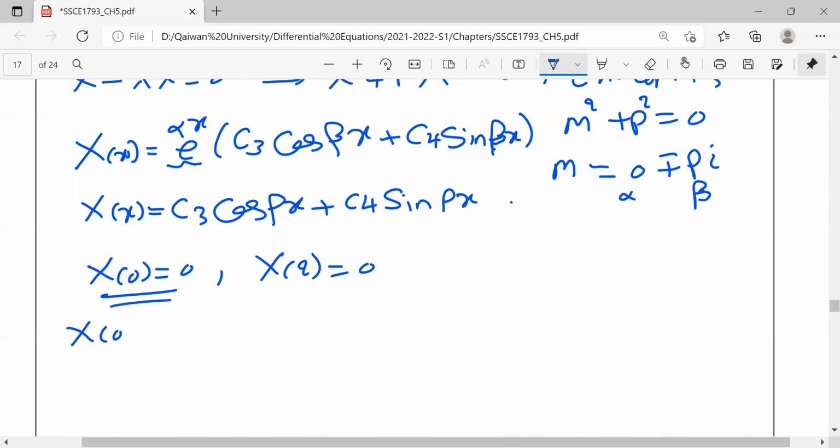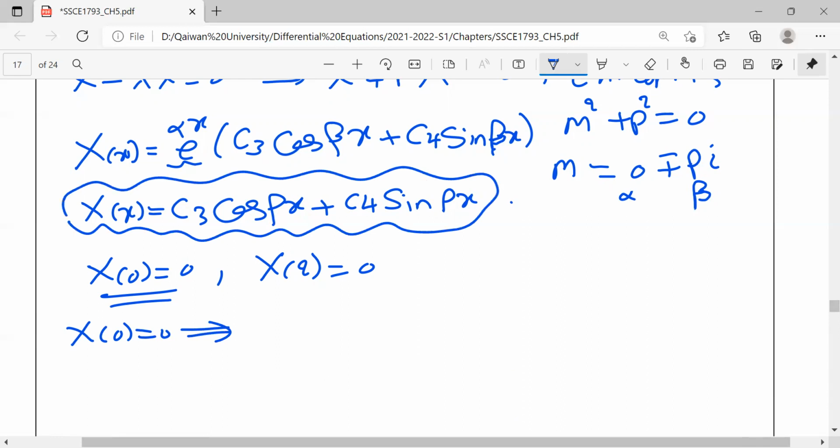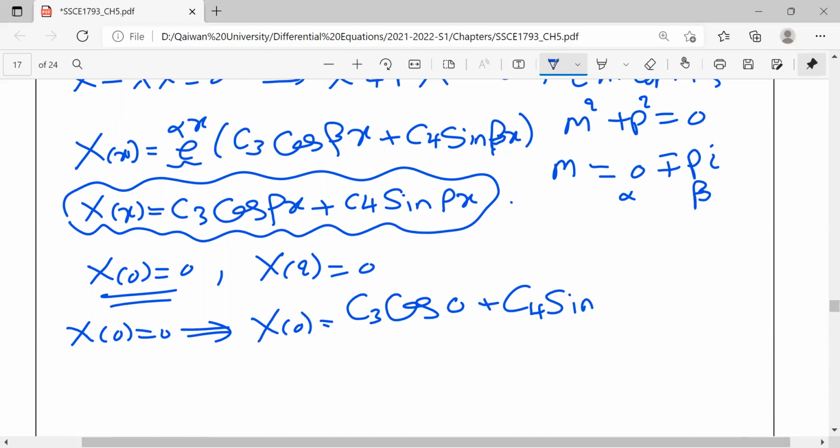For the first one, we say X of 0 equals 0. That means if you replace x by 0, let's see what you get. We get X of 0 equals C3 cosine p times 0, which is 0, plus C4 sine p times 0, which is still 0.